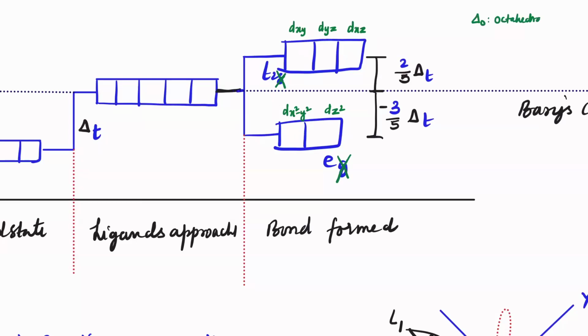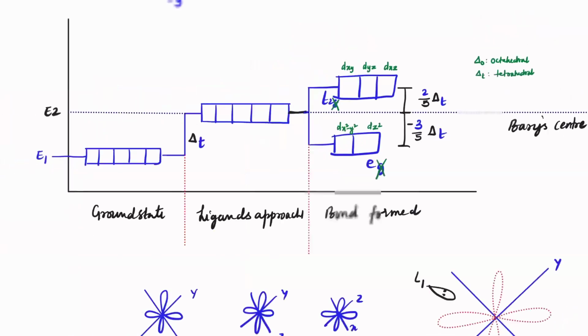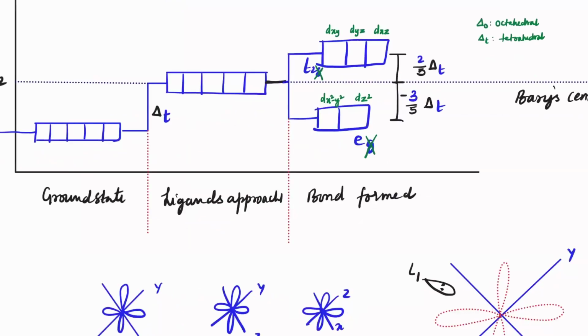Delta T is for tetrahedral splitting. Correct? Delta naught and delta T. So check. How much is the splitting energy here? So you can see from this zero line onwards, as you go up here, it will be 2 by 5 times delta T. Here it is minus 3 by 5 times delta T. Got it?